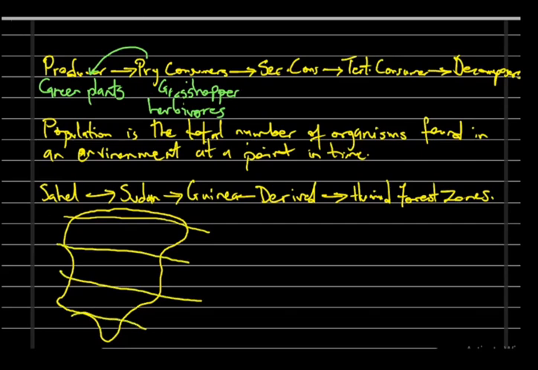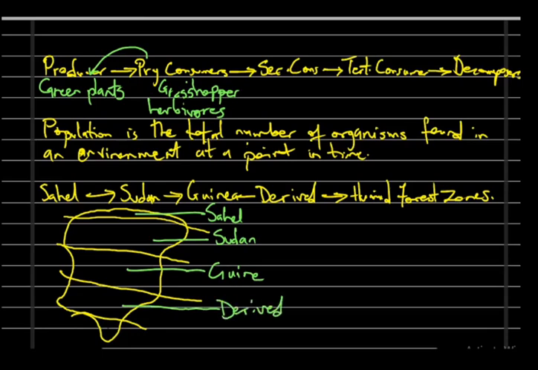Let me just depict them. This place here is where I will be having my Sahel. Here I'll be having my Sudan. Here I'll be having the Guinea. Here I'll be having the derived savanna, and here is where I'll be having the humid forest zones.